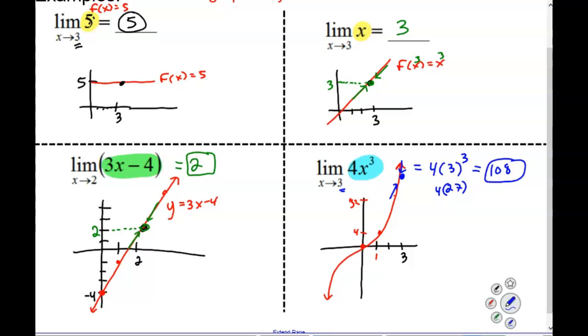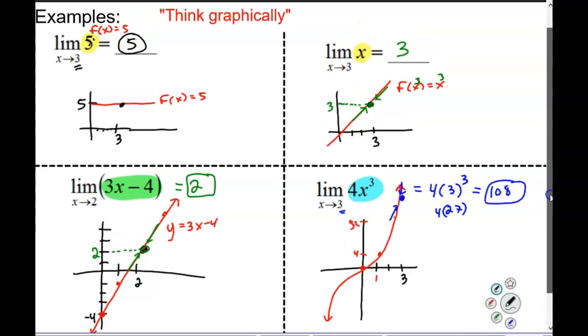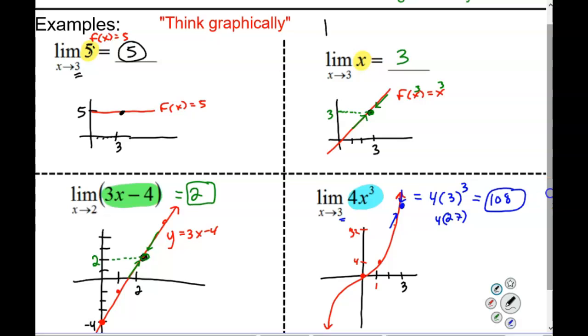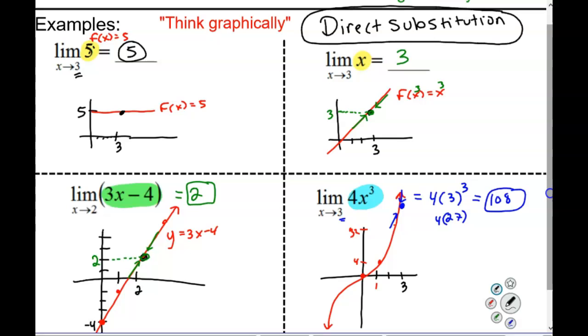So, if you want to title this up top, I didn't call it this yet, but all we did was direct substitution. And that's where you take that x value and you just plug it in for x. You have to be careful because that's not always going to work.